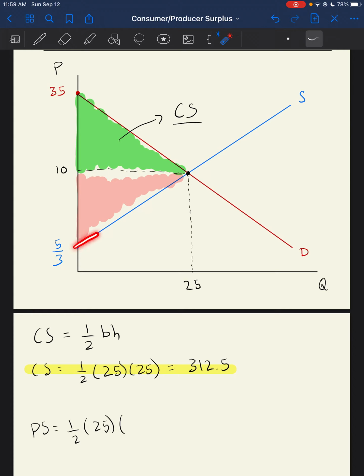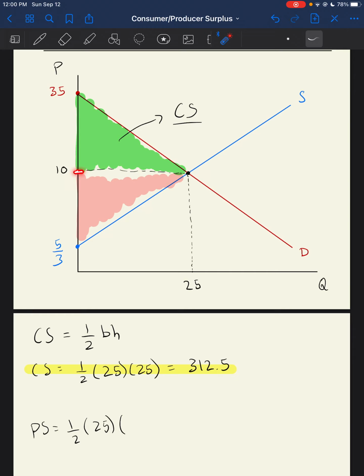Notice here that our supply equation, the way it was, is not going to start at the origin. A common mistake that I've seen people make in the past is that they just assume the height is from the equilibrium to 0. That's not the case, because notice that there's a gap here, and our actual y-intercept is this point right here.